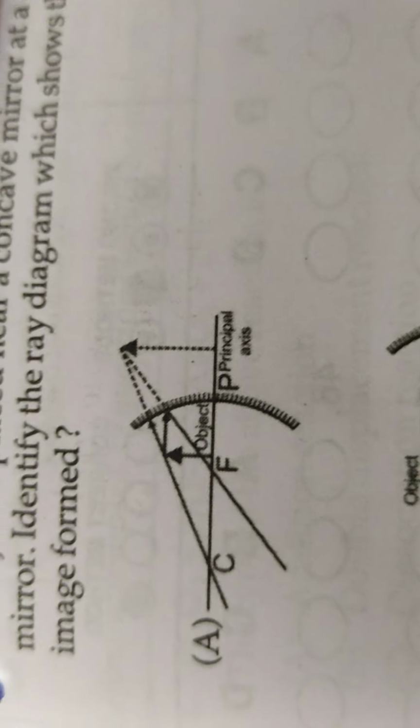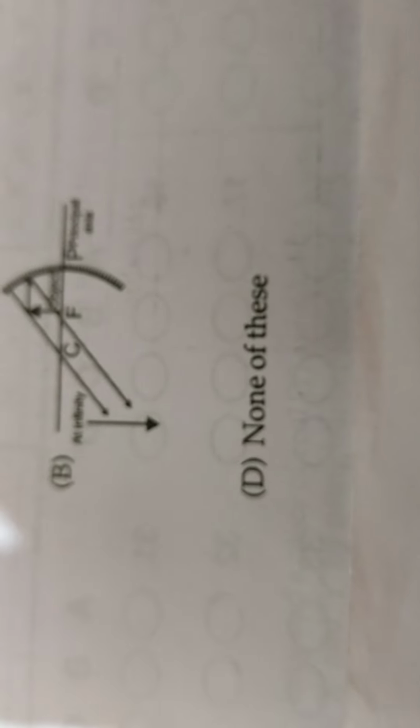Also look at this diagram properly. CF should be equal to FP. In this case, F is not lying midway between C and P. If we look at it roughly, we say that A is the correct option. But as F is not lying exactly midway between C and P, D should be correct.